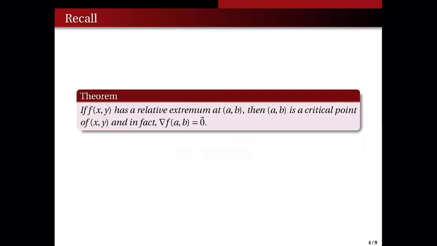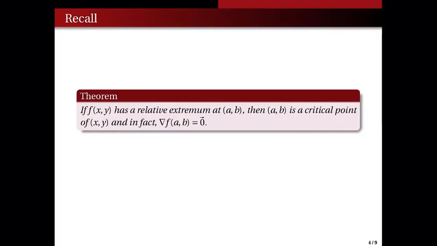If f of x comma y has a relative extremum at (a, b), so it means that either the function has a relative minimum or relative maximum, then the point (a, b) is a critical point of f of x comma y.